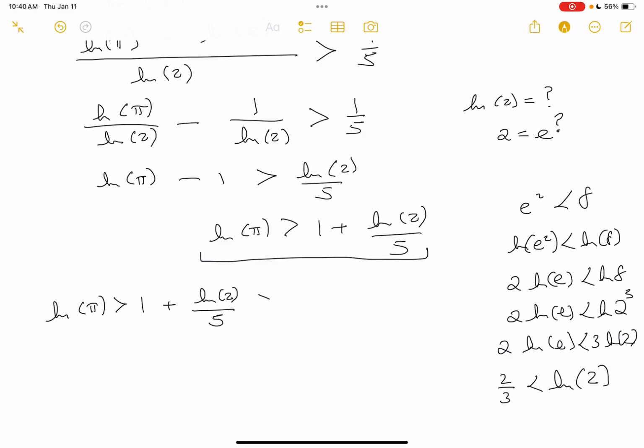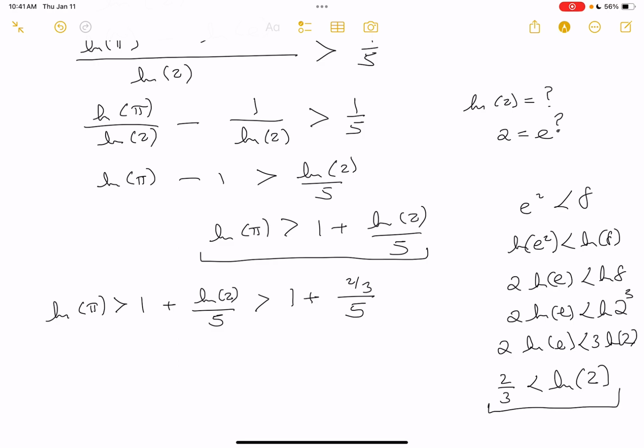And I can write this down now. 1 plus, this is 5, and the natural log of 2, no, I can't write that down. Let me think about that. The natural log of 2 is greater than 2/3. Yeah, I think I can write that down.